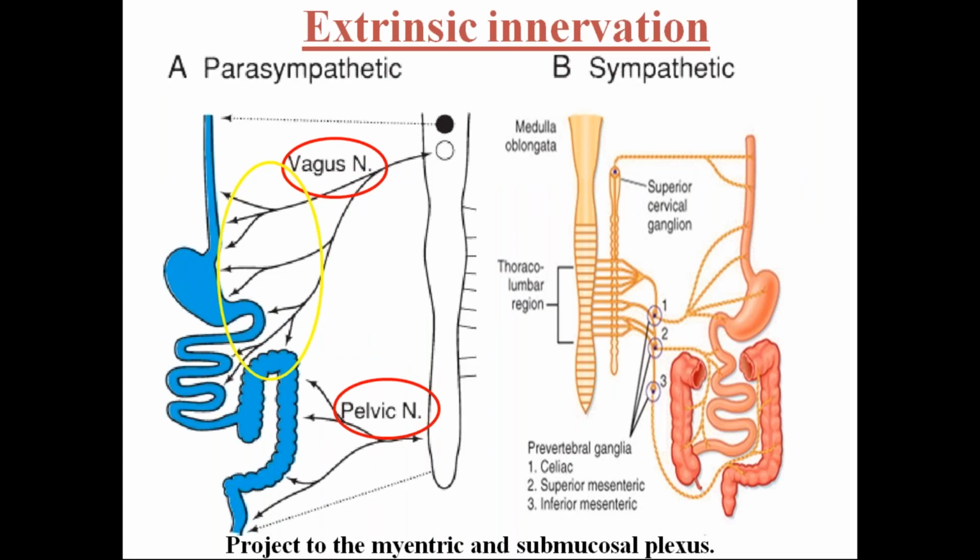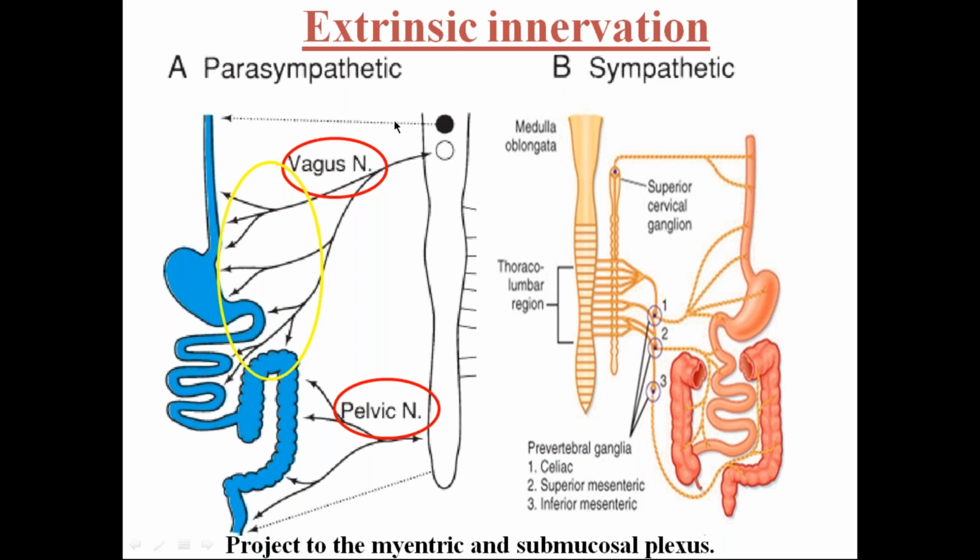Right? So extrinsic innervation, what is extrinsic innervation? Extrinsic innervation is coming by means of the autonomic nervous system. You have two divisions of autonomic nervous system. One is your parasympathetic division and another one is the sympathetic division, right?